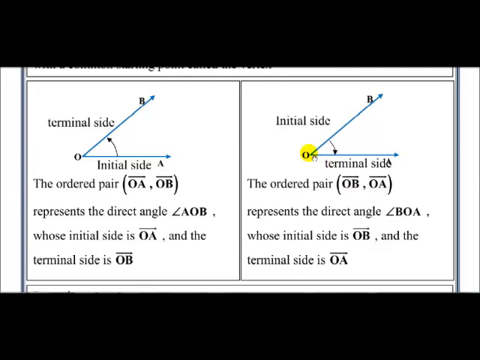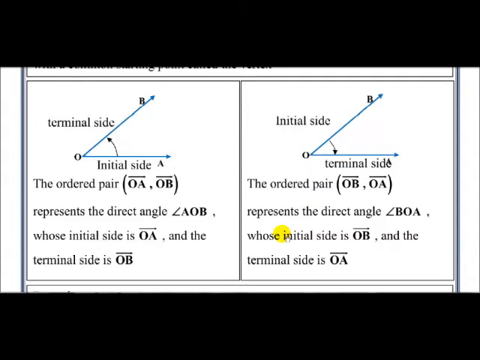What is my initial here? Ray OB, so we write OB here. What is my terminal? OA. Then this ordered pair represents the directed angle BOA, whose initial side is OB and terminal side is OA.